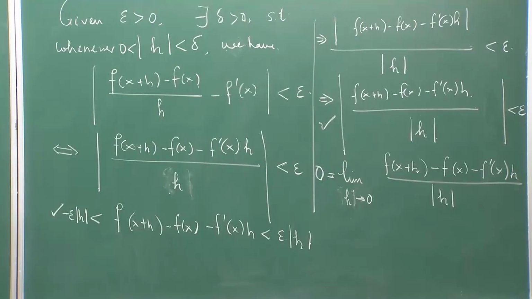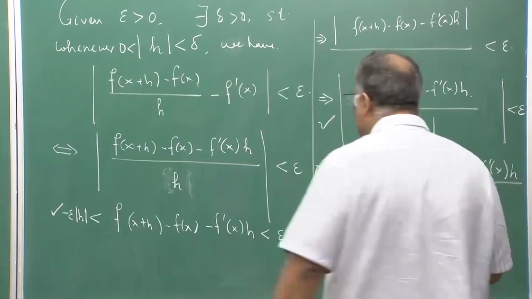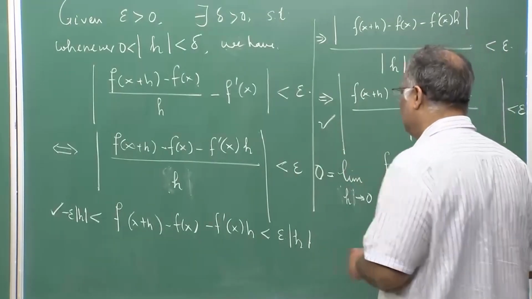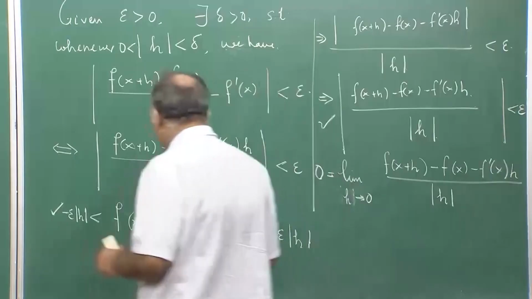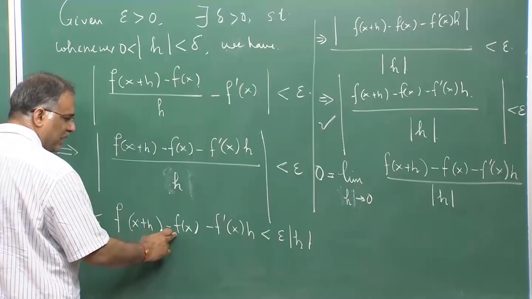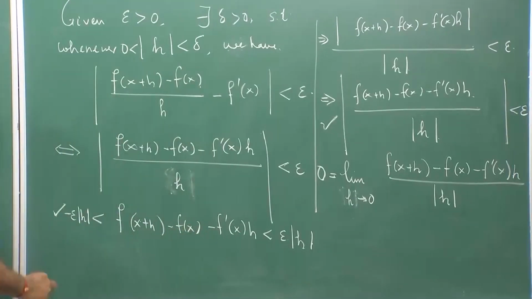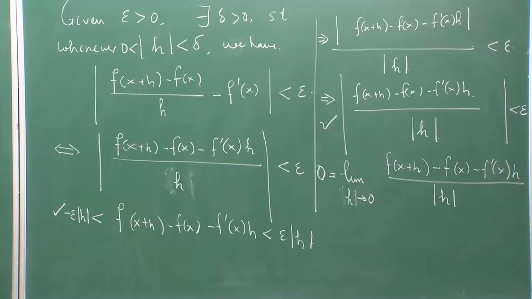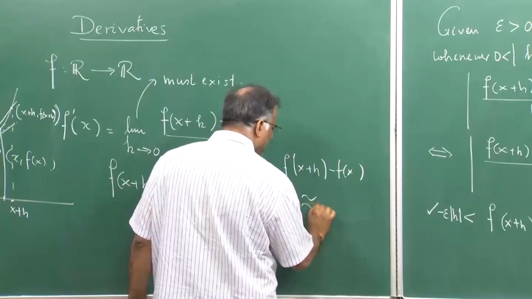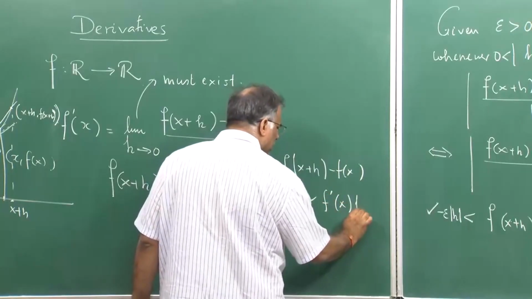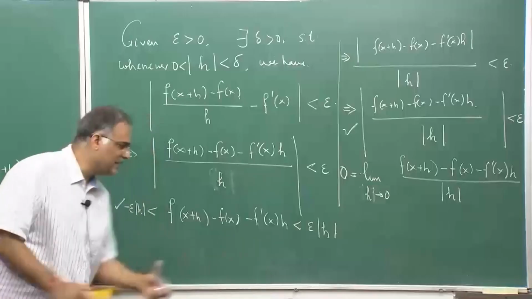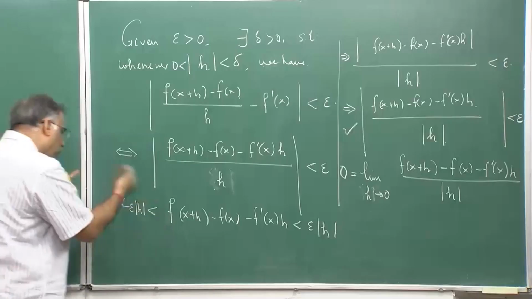So, once h is known, how much my move from x is, then the difference between f of x plus h minus f of x minus f dash x h can be written as some sort of an approximation. This difference is approximated by this, but this approximation has an error, and this error is bounded by the two numbers which also depend on h.